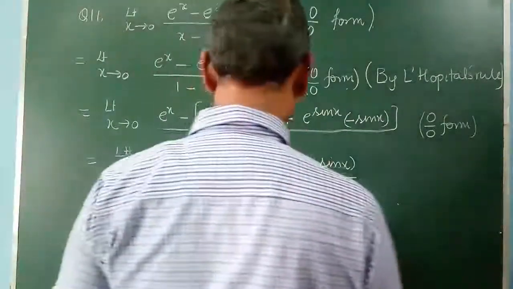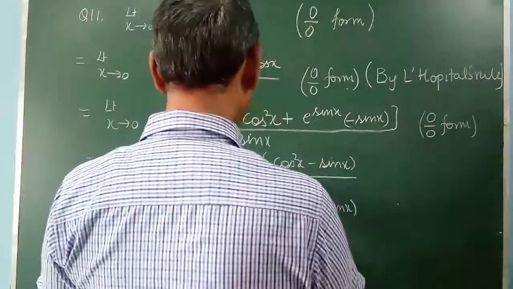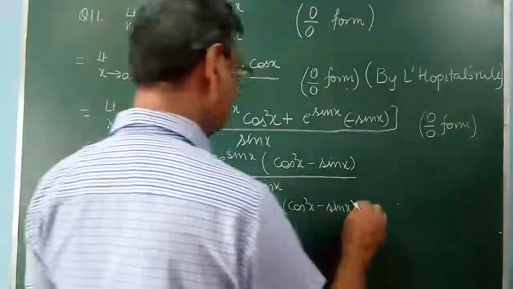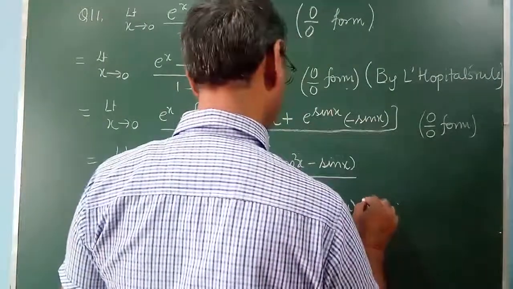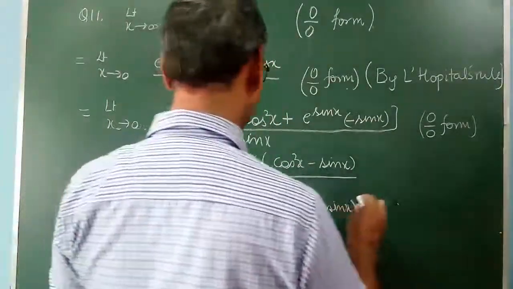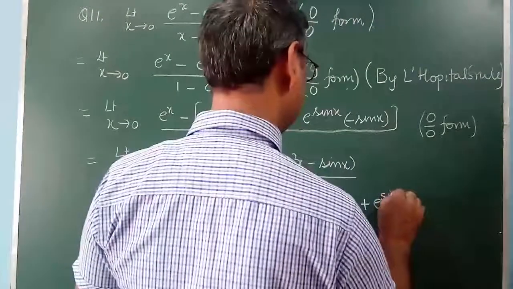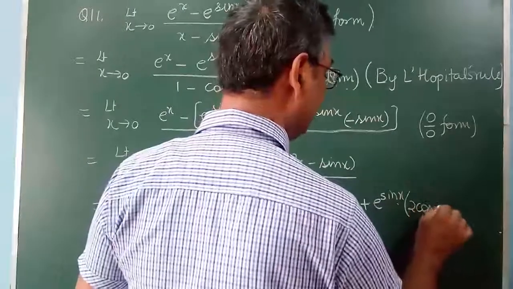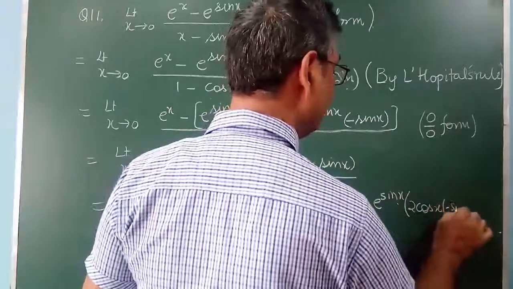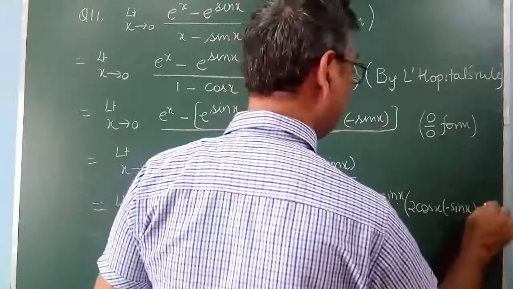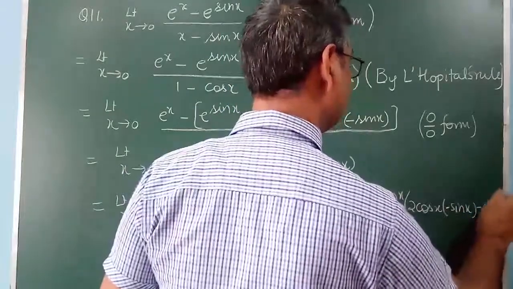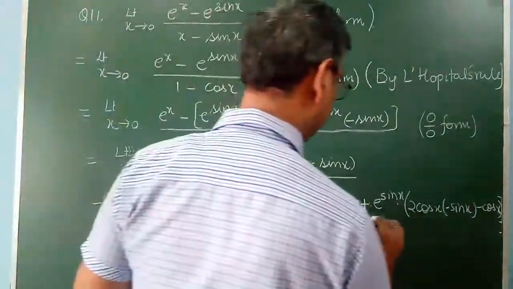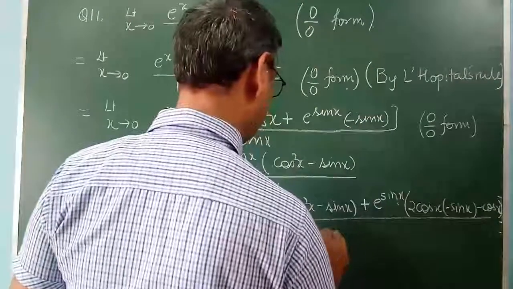Now what we are having, e to power sin x differentiation we have done. Now we have to differentiate this. Here it will be plus e to power sin x, differentiation of cos square x is 2 cos x into minus sin x, and minus cos x, upon cos x.